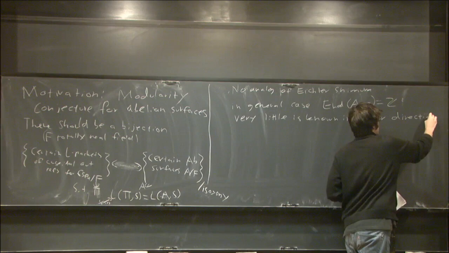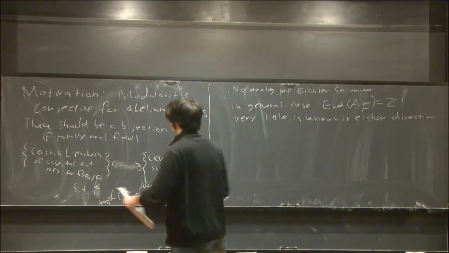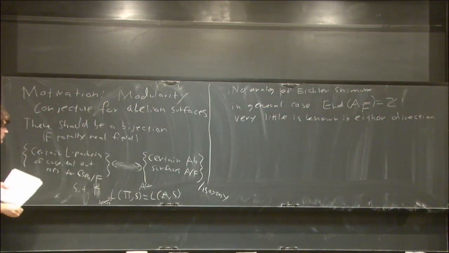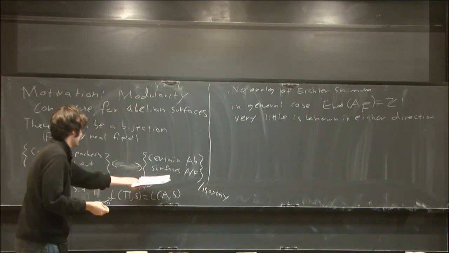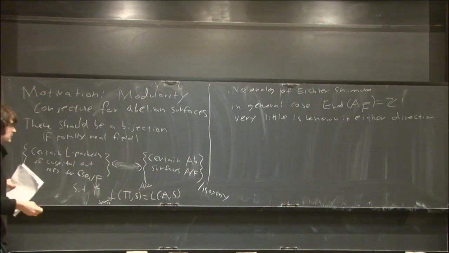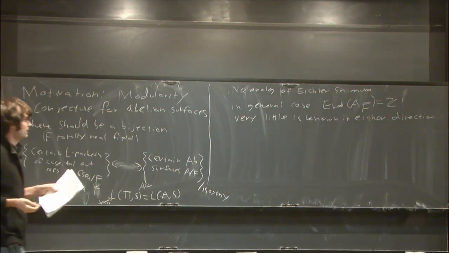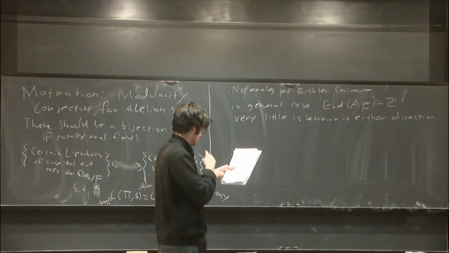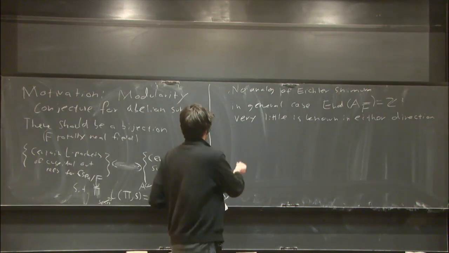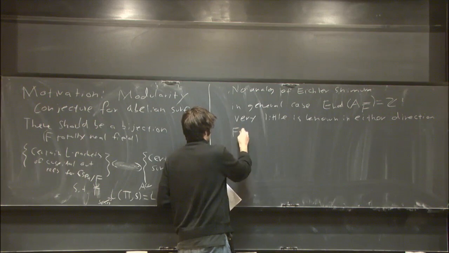As I say, there's no analog of Eichler and Shimura, so we can't go from a modular form to an abelian surface. And for the modularity conjecture, which is the other direction, in this general case all that are known at the moment are examples. So let me mention this work.